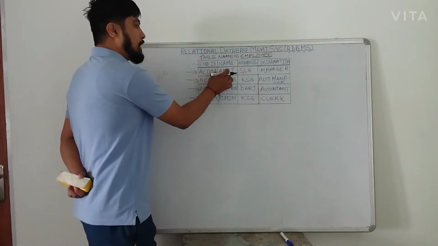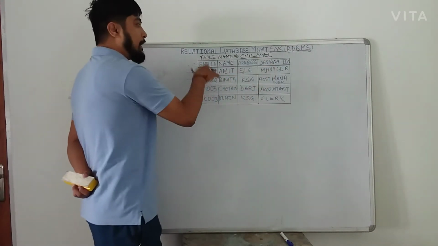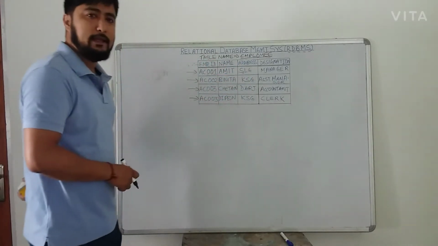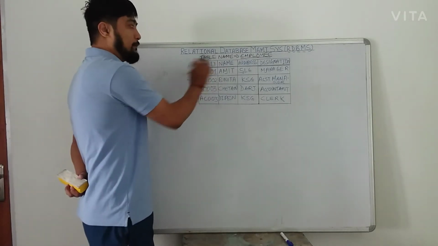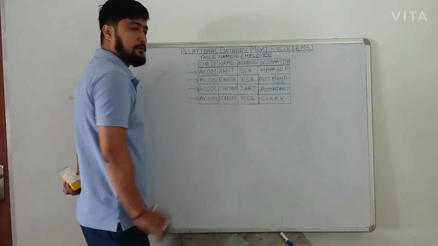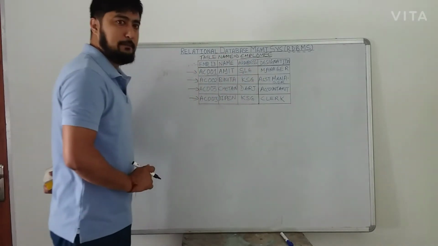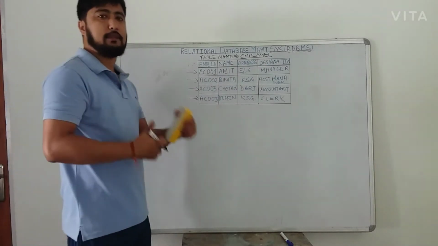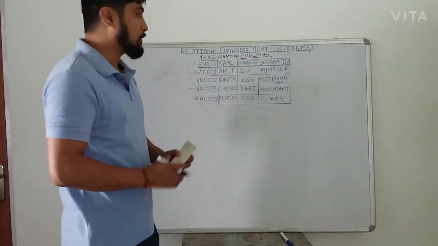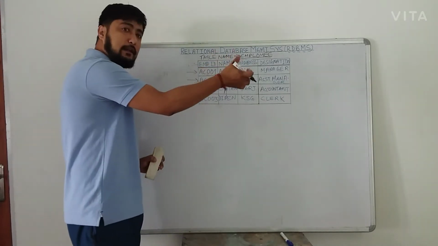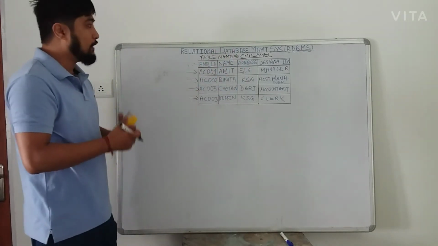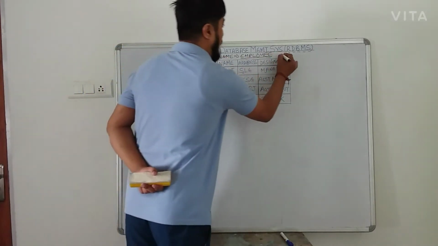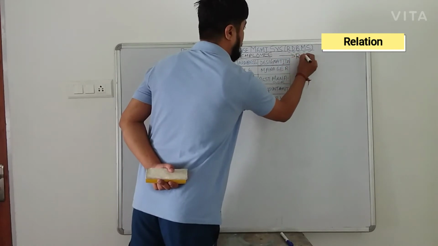For the employee whose ID is AC001, his name is Amit, the address is Siliguri, and the designation is manager. So each and every value is interrelated in a table. That's why, in a relational database management system, we call this table a relation.